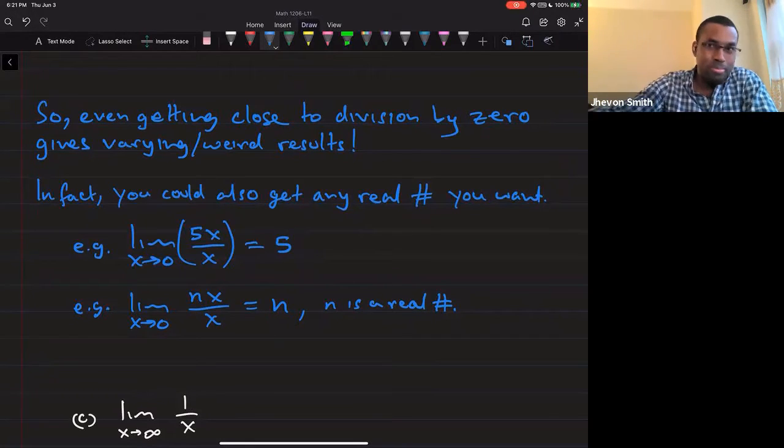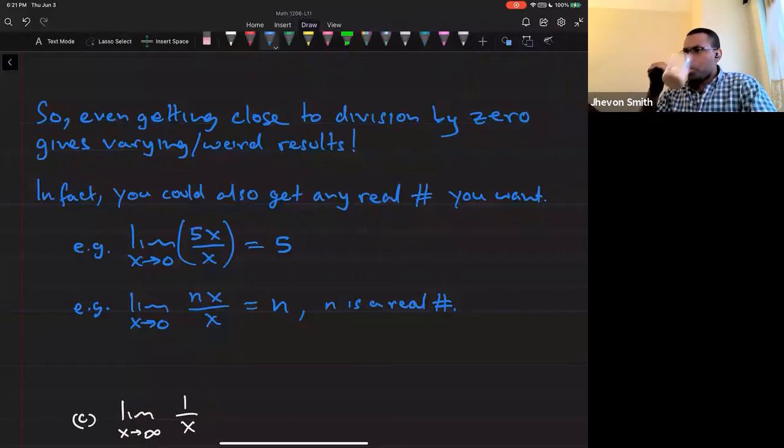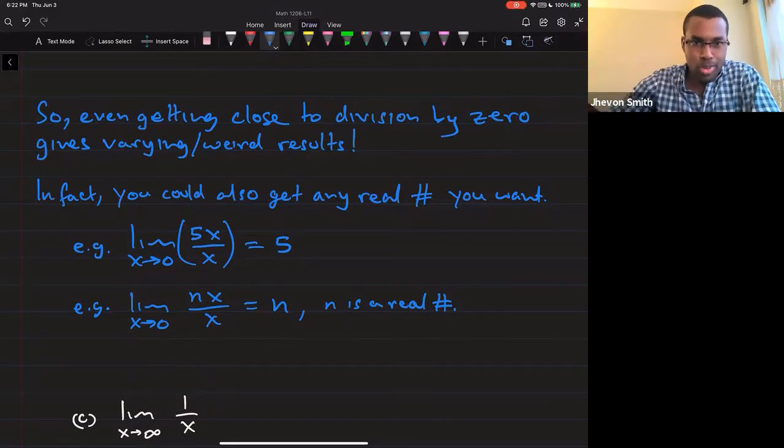There are some different kinds of mathematics out there where we do want to define division by 0 to be a specific thing, but in calculus, it's not a thing. It's never going to be a thing unless you're a math major where you really study some crazy things. So for us, division by zero is never a thing, and it gets kind of weird just by getting close to doing it.